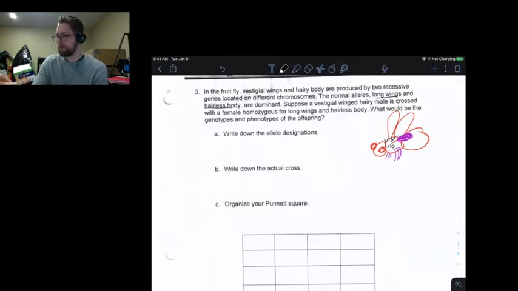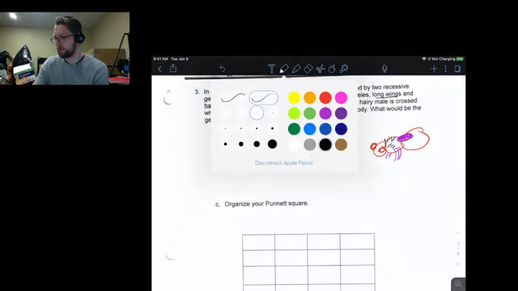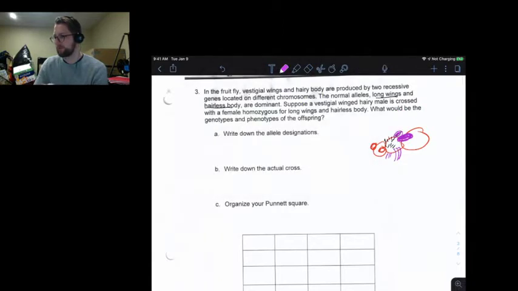I thought the vestigial wings were an extra pair of wings. They might actually be little tiny wings that don't do anything, like that. Oh, okay, great. So there we go. I never got to do that lab, so that's very exciting. Was that in a genetics course? Yeah, genetics 2000.